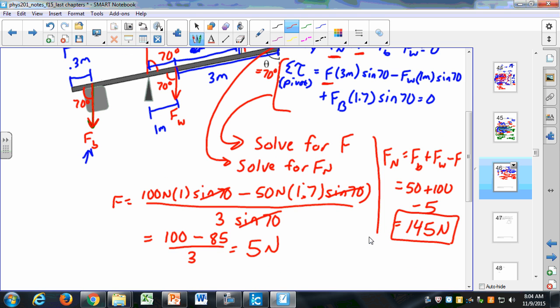So those are the right answers. F is 5 newtons, and Fn is 145 newtons. All right? Turns out that the angle doesn't matter, that it cancels out. So it doesn't matter that the angle is 70 degrees. Angle could be whatever.